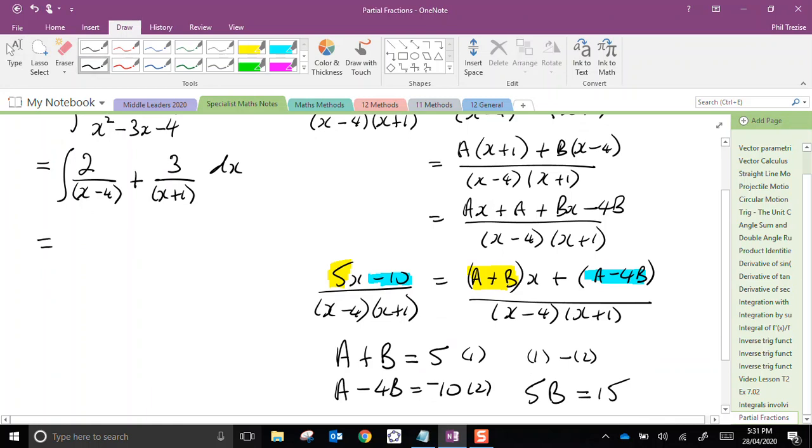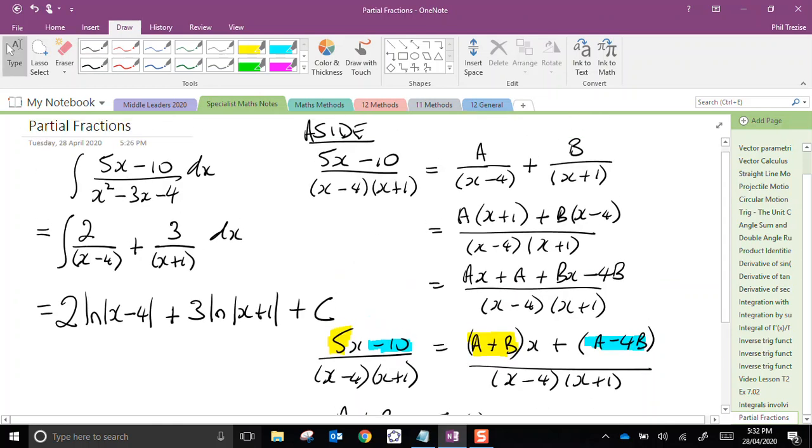So, well, the integral of an expression which is a constant divided by something in x is the constant will be there, and it's the natural logarithm of x take 4. Then the next term will be a constant of 3 by the natural logarithm of x plus 1 plus a constant of integration. So there's my integral.